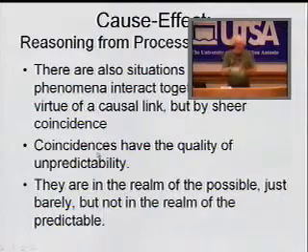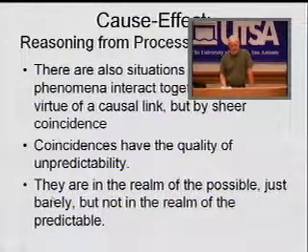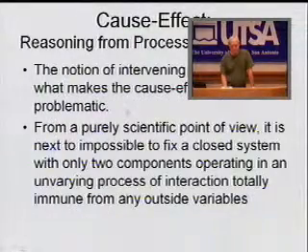So here's this general building up to the specific, and it just provides us additional opportunities to hear and see the same trend of thought in being critical about establishing proof. So they are in the realm of the possible, just barely, but not in the realm of predictable.